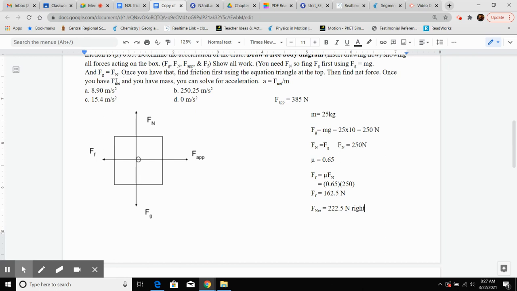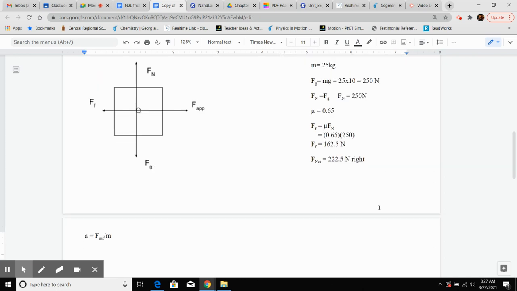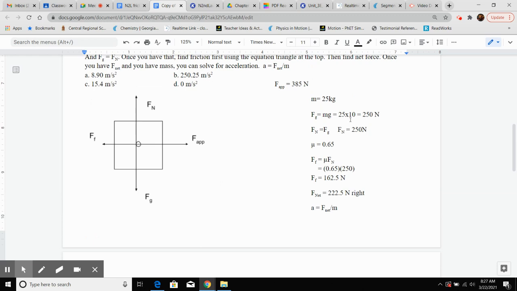And since they wanted us to find acceleration, and acceleration is this equation here. All right, so now we have acceleration, F net over m. We have the F net, and we have the mass from before. Just plug those into the equation.